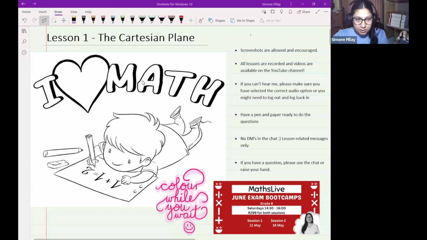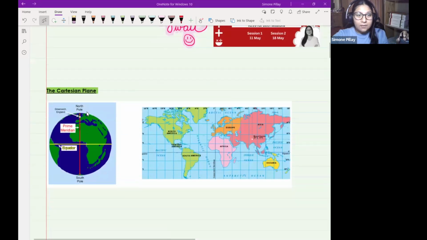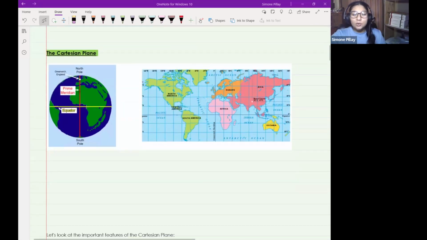And so if we have a look over here, the first thing that we're starting with when we are dealing with functions and relationships is we are going to talk about the Cartesian plane. Now, you guys can give me a thumbs up or thumbs down if you know what I mean when I say the Cartesian plane.